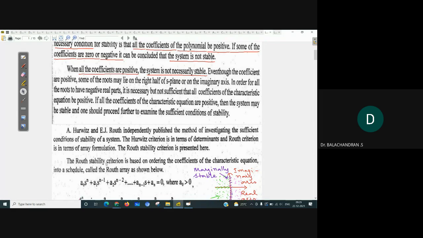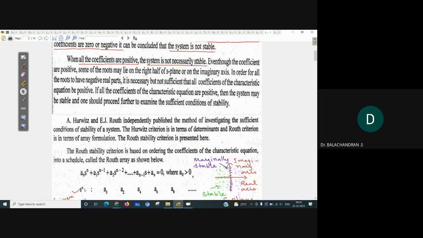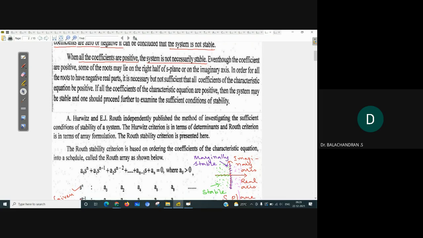The Routh stability criterion is based on ordering the coefficients of the characteristic equation into a schedule called the Routh array, as shown below. This is the given polynomial where a0 is positive. In s power n, you should write the coefficients a0, then a2, a4, a6, a8, and so on.